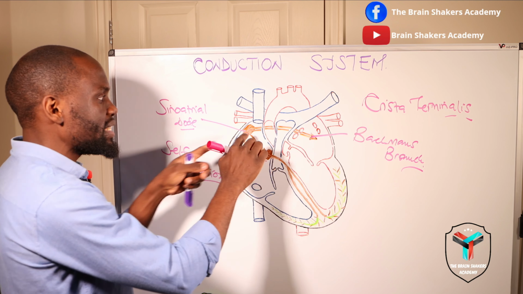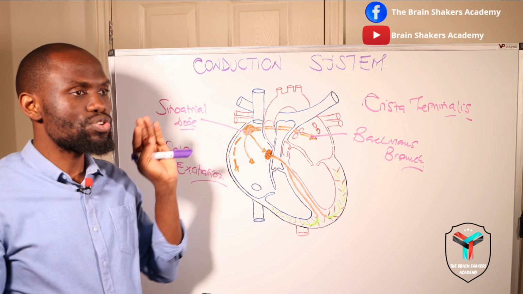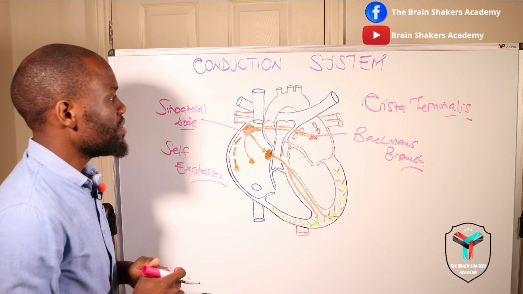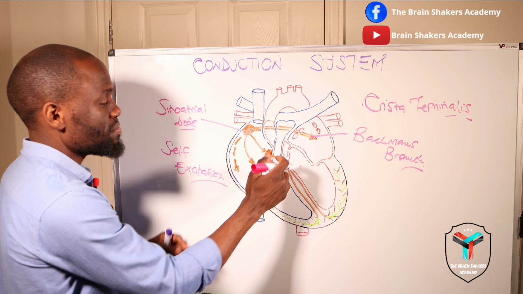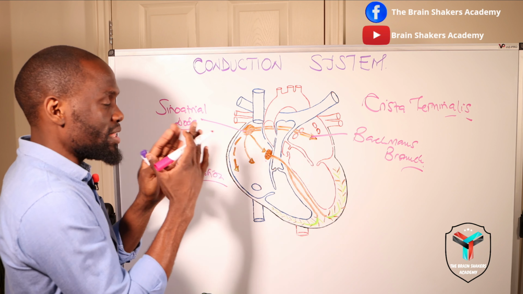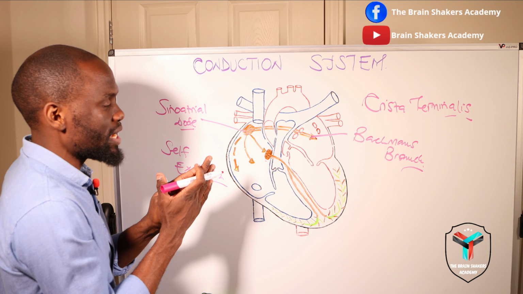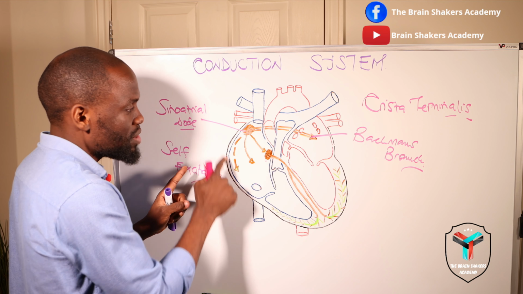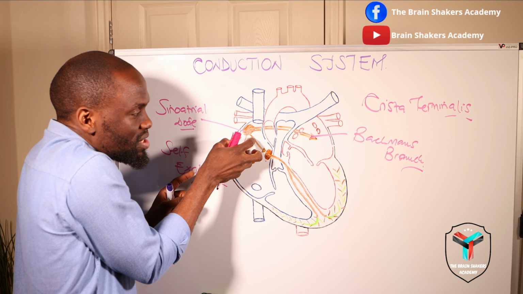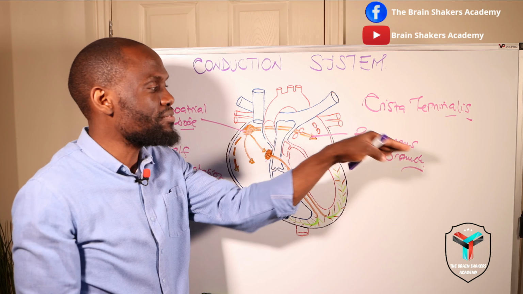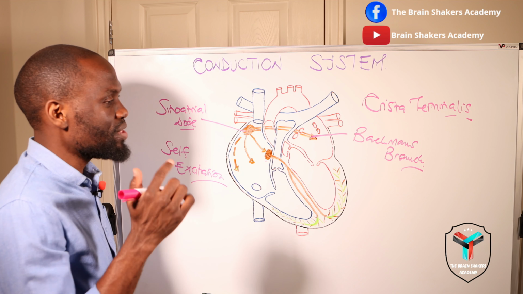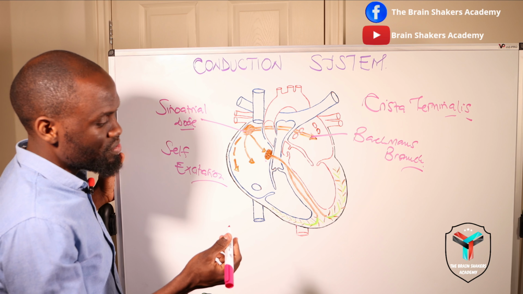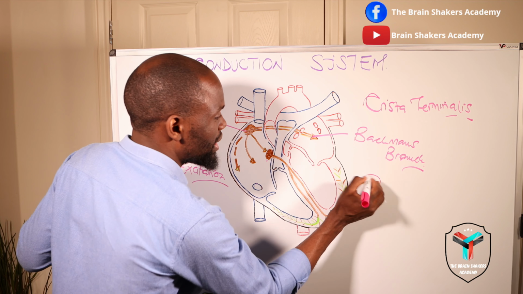It is a branch emanating from the sinoatrial node to the left part of the heart, which is the left atrium, so that when they contract, they contract at the same time. Now, how are they able to contract at the same time when the action potential is generated on one side and still has to travel to the other side? They possess what is referred to as gap junctions.